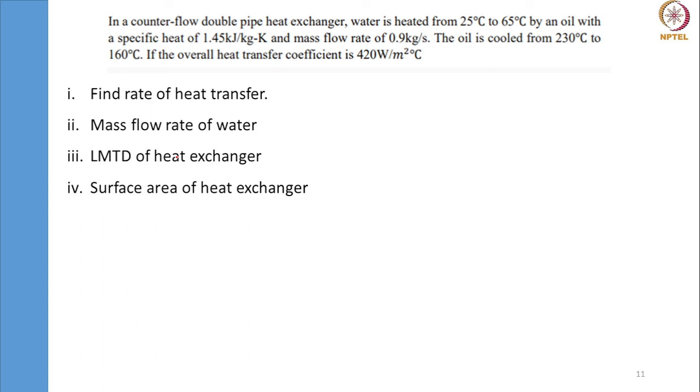You can write Q dot as U A times LMTD, where U is the overall heat transfer coefficient already given to be 420. We need to find the heat transfer surface area A. Yes, so it will be 1.455. Correct. Any other answers apart from 1.45?